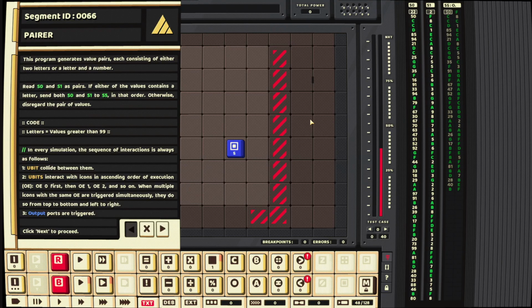Either is a letter. What? Oh, send them both to S5. I thought it said send it to S1 and S5, and I couldn't understand that. No. Send 0 and 1 to 5 in that order.